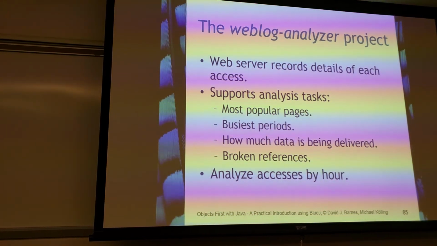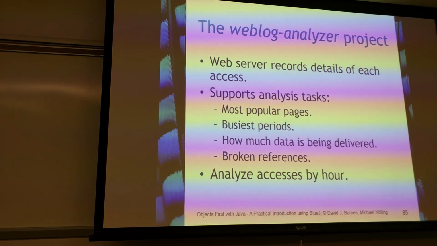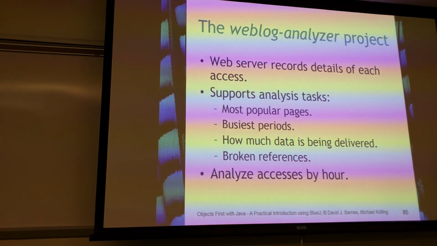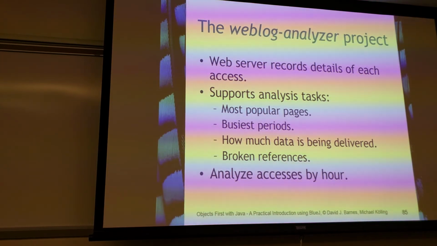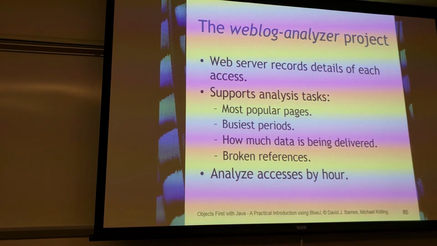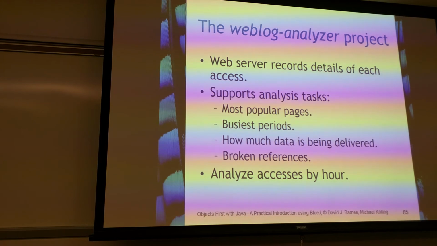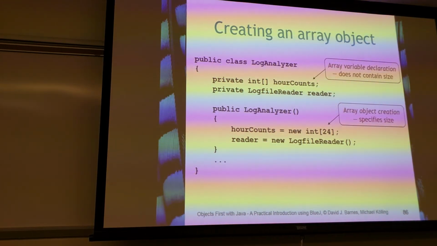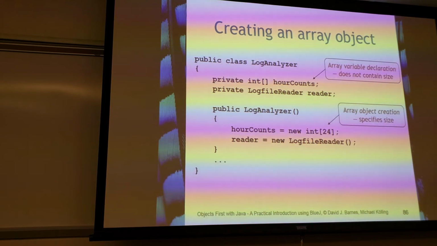So, another example project that I'm not going to go into a lot of detail on, but I can talk about most of the concepts without needing to see all the code. It's a web log analyzer, which is reading a web access log, storing data. Okay, so log analyzer.